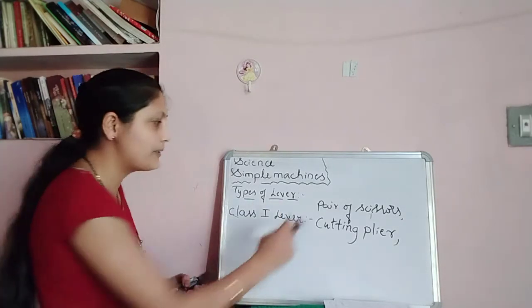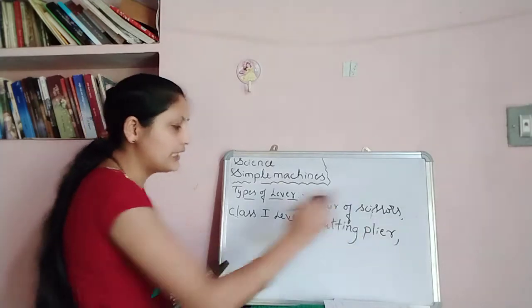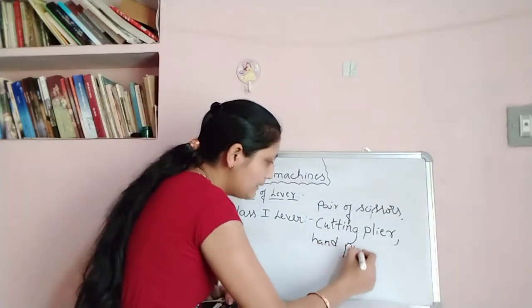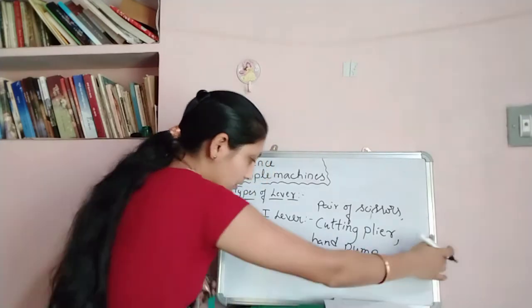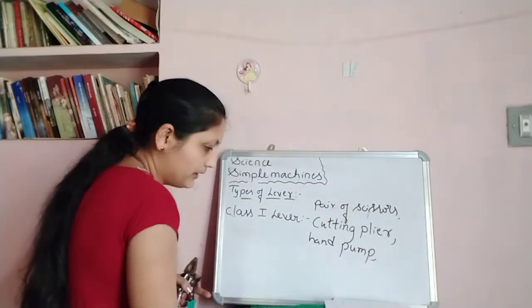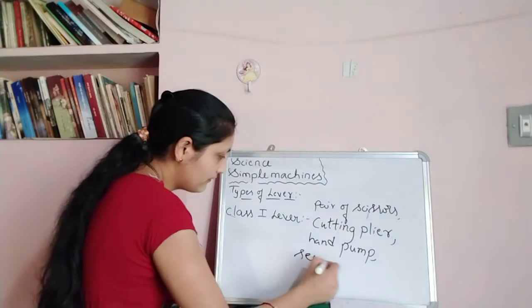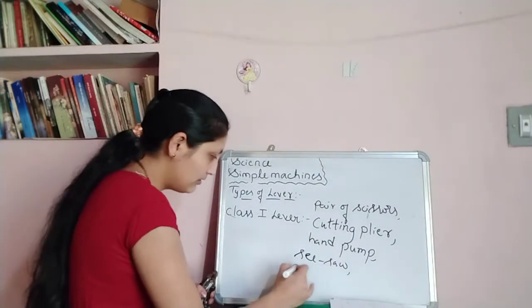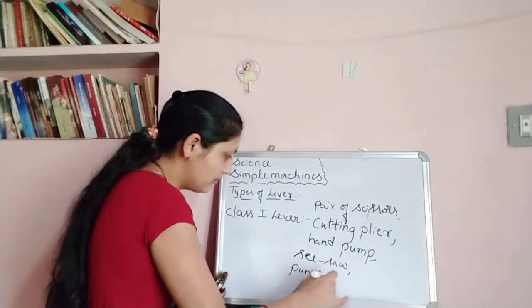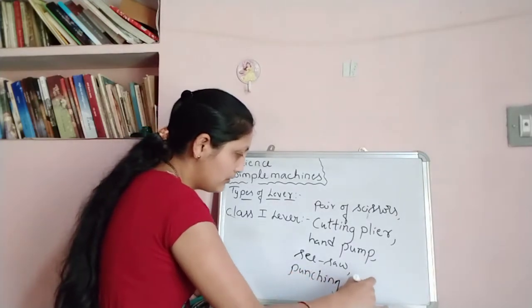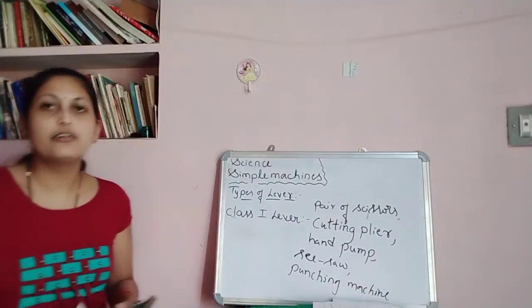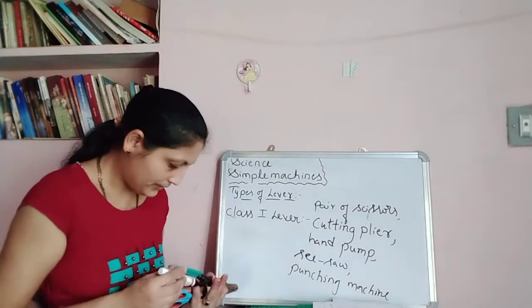So best examples are pair of scissors, cutting plier, then hand pump, seesaw, then punching machine, etc. So these are some of the examples of class 1 lever.